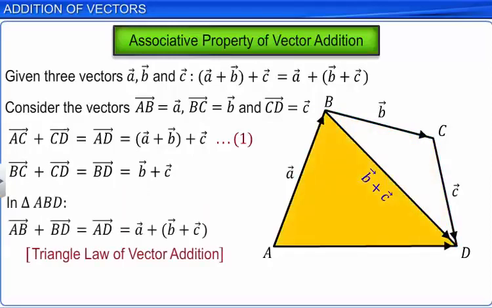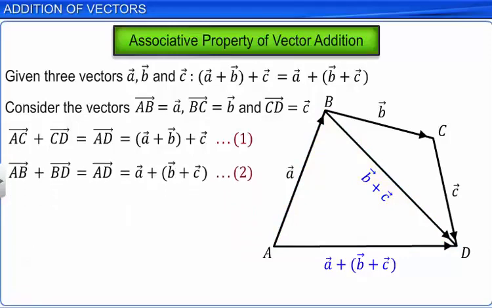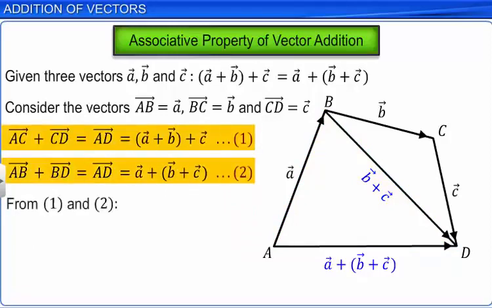The sum of vectors AB and BD is equal to vector AD, or the sum of vector A and vectors B and C. Equating the value of vector AD from equations 1 and 2, it is proved that vector addition is associative.